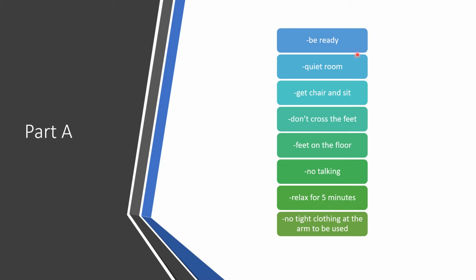No. Be ready, be in a quiet room, get a chair and sit. It's not you standing up and then just showing the hand somewhere. Don't cross the feet on the floor, please. Don't be talking when that is going on. Relax for 5 minutes. No tight clothing at the arm to be used.